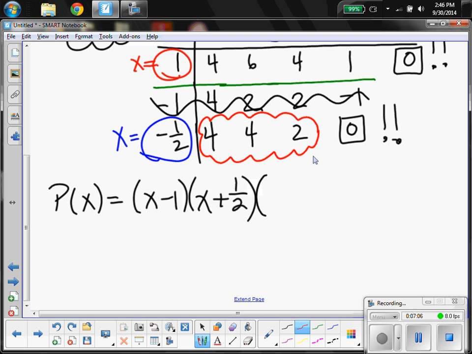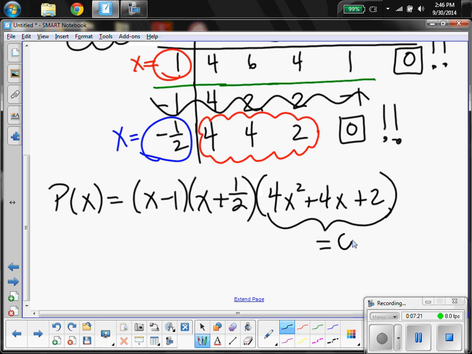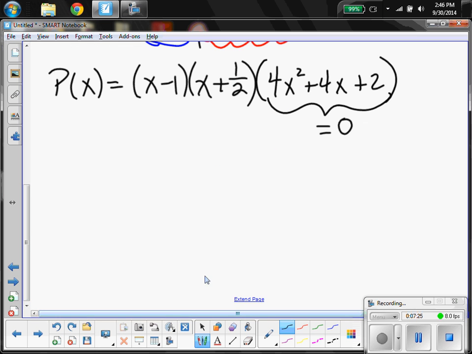And my other factor would be a quadratic factor of 4x squared plus 4x plus 2. Well, all I want to know is what values of x make that factor equal to 0, and that's just solving a quadratic equation. So 4x squared plus 4x plus 2 equals 0.